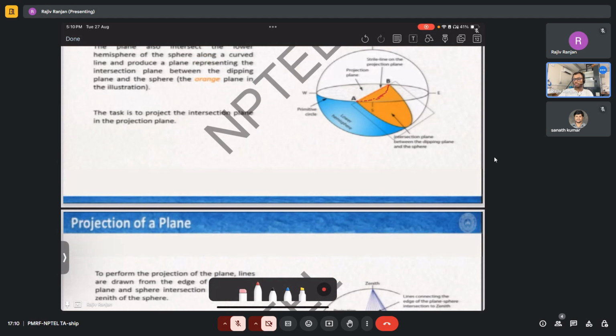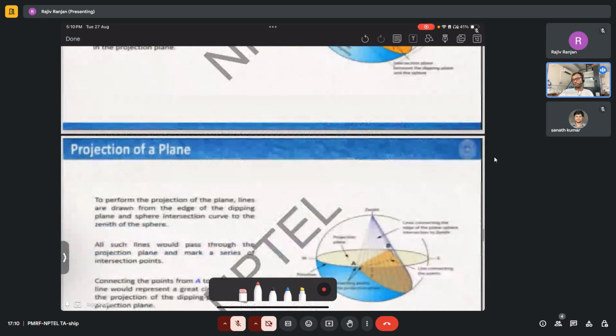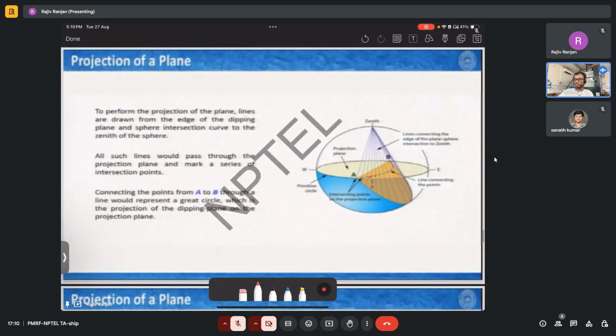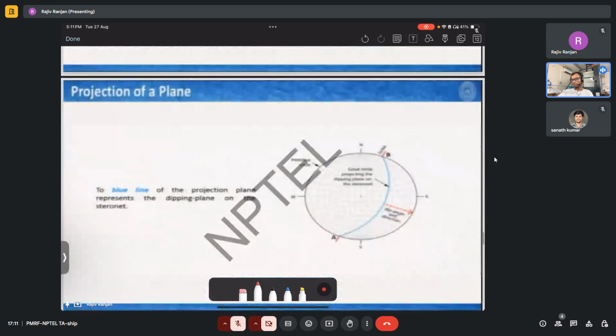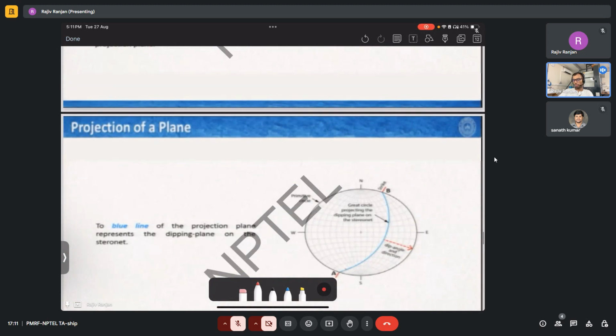If you intersect all these lines, it will form a dotted curvy line from A to B. These are the places that intersect on the projection plane. This is the side view. From the top view, if you look at the projection plane, this is how a plane appears.